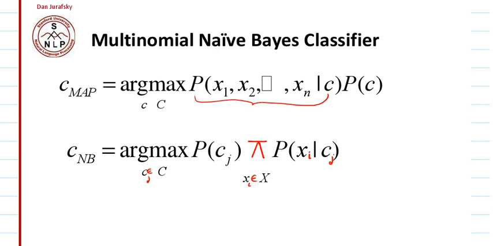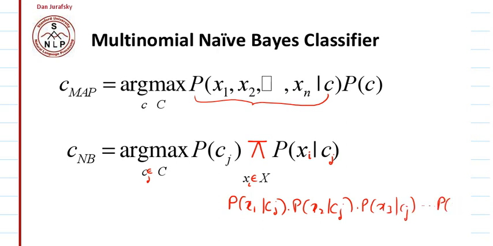So I can write this as p of x1 given Cj dot p of x2 given Cj dot p of x3 given Cj and dot p of xn given Cj, and here we have p of Cj. So we multiply all these parameters together, and we take argmax of this and we get the predicted class, right?